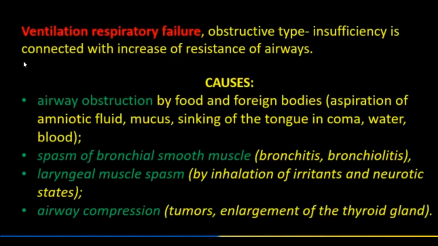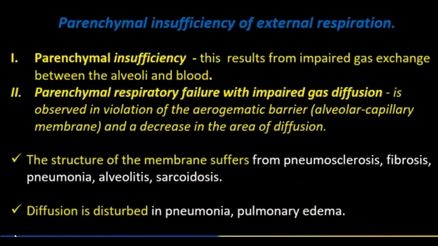Insufficiency is connected with an increase in the resistance of the airways. Causes: airway obstruction, spasm of bronchial smooth muscle, laryngeal muscle spasm, and airway compression. And parenchymal insufficiency of external respiration: parenchymal respiratory failure with impaired gas diffusion.